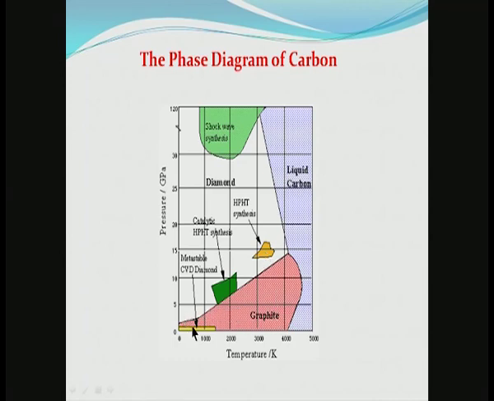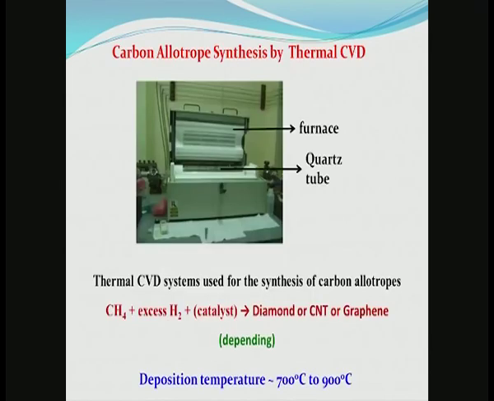But at this lower end corner over here is a region where the CVD process is capable of producing diamond. Instead of at high pressure and high temperature, these are at a much lower temperature and much lower pressure. So, CVD has the capability to produce metastable diamond under these conditions, and it is actually a process that is used today in producing films of diamond for various purposes, including abrading.